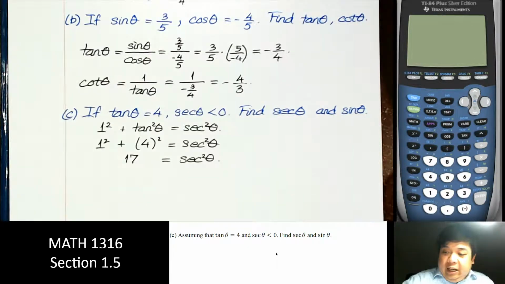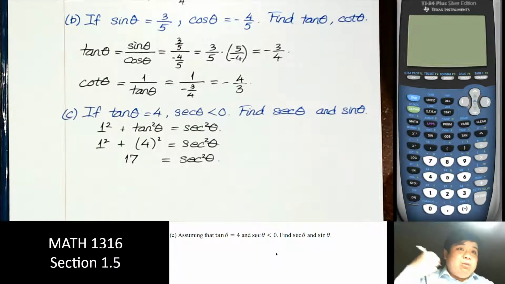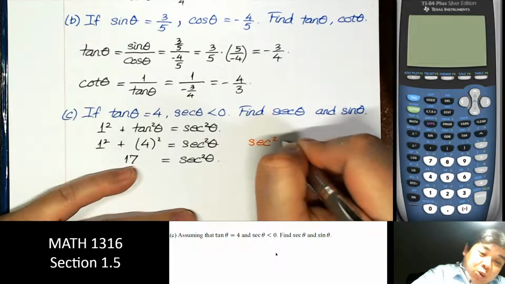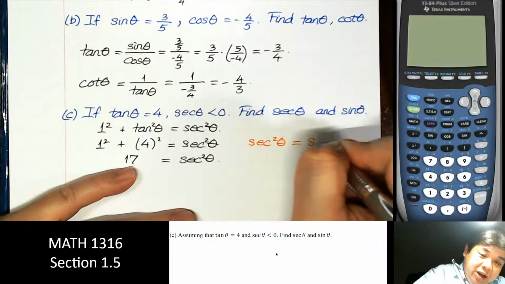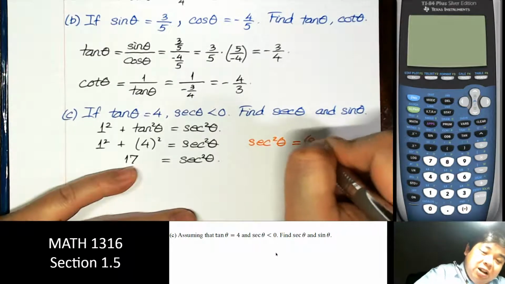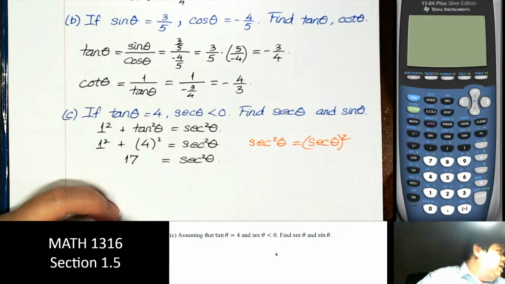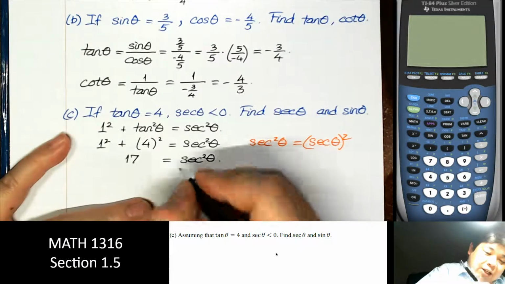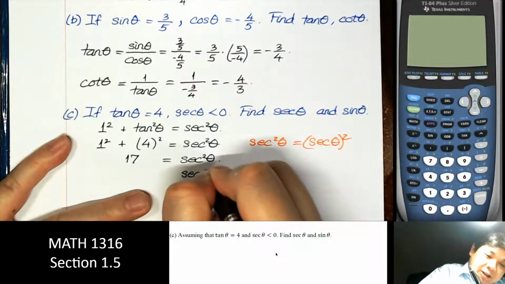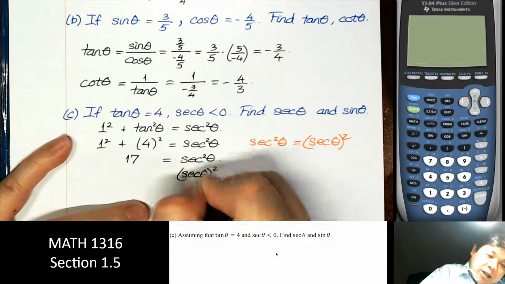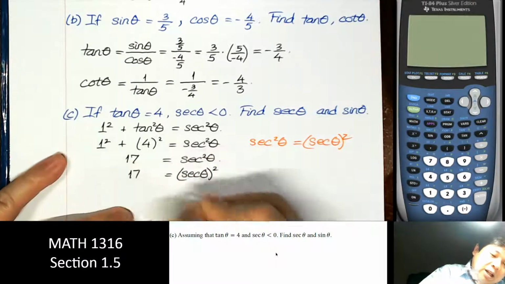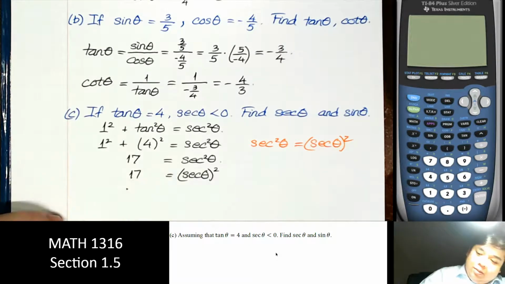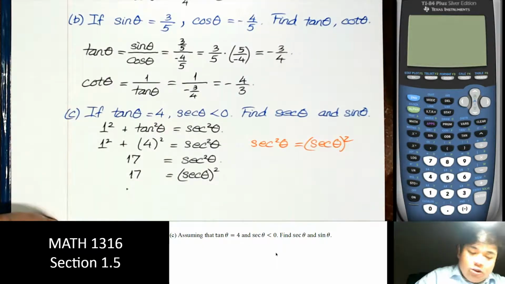By the way, if you didn't write that out earlier, it is very important. When we write secant squared, what we really mean is the secant first and then we square. So we have secant squared equal to 17, taking square root on both sides.